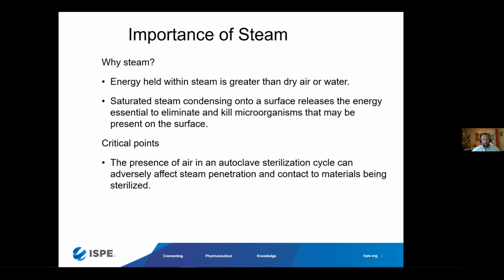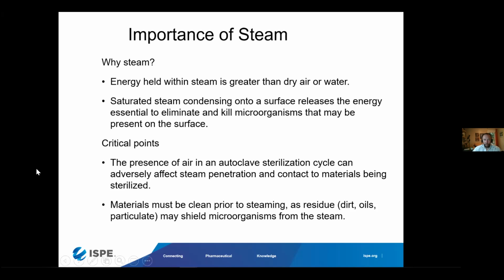And that function is to remove all air from the chamber and associated piping, to be sure that this saturated steam contacts all surfaces of the materials to be sterilized. And likewise, the equipment needs to be cleaned prior to the steaming, as any residue or dirt or oils on the surface can block steam contact to these materials.